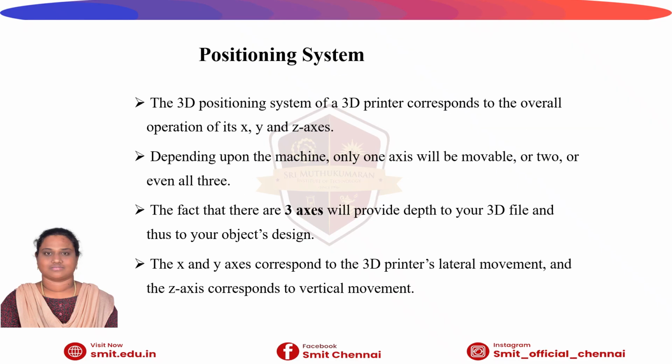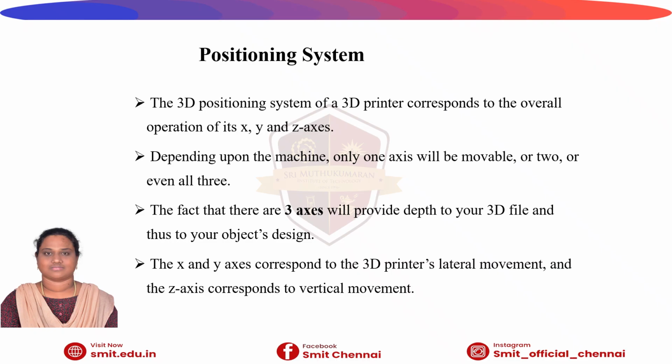Next, positioning system. The 3D positioning system of a 3D printer governs the coordinated movement of the X, Y, and Z axis, enabling precise control during the printing process. Depending on the machine design, one, two, or all three axes may be movable to position the print head or build platform accurately.